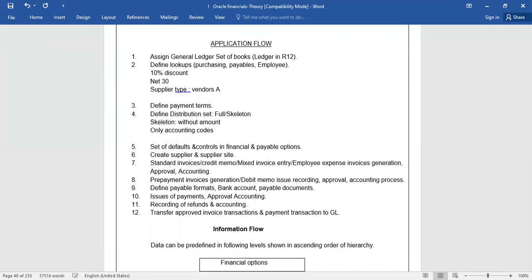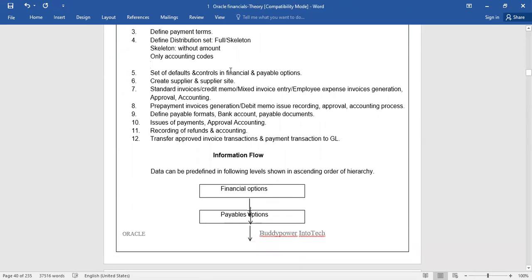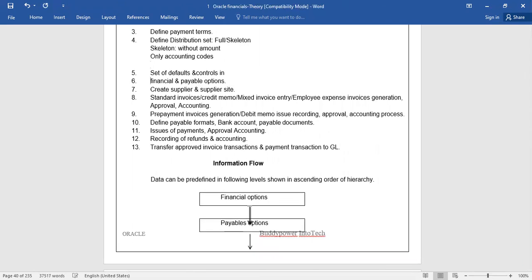It can be replicated. Set of controls in financial and payables options. So AP has two options in the setup, the main ones being financial and payables options. Create supplier and supplier site. There is a default code given in the setups. If you add something in the supplier site, it will take that first.